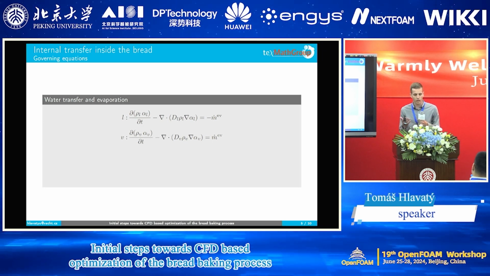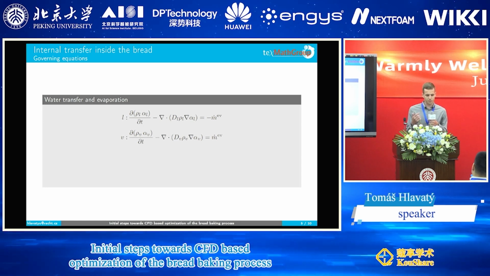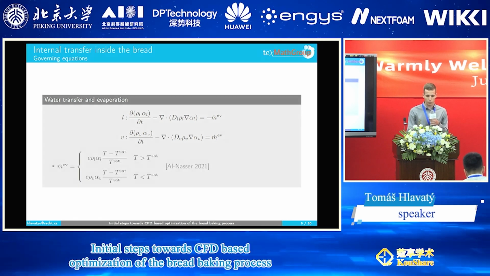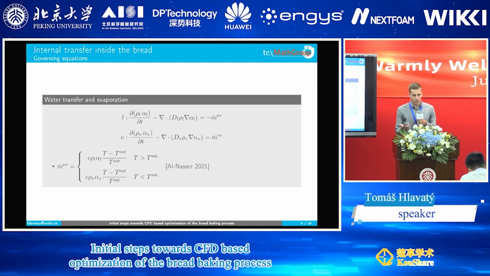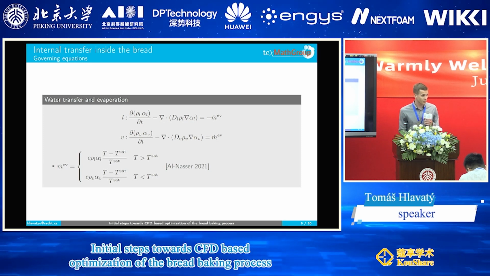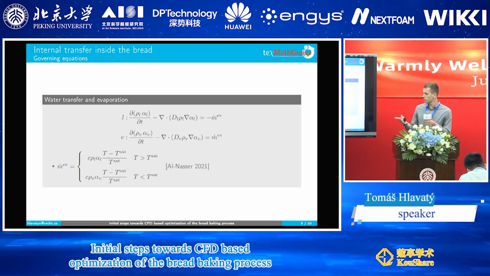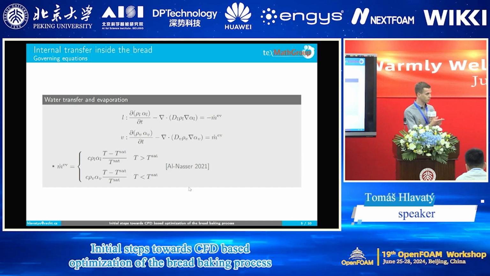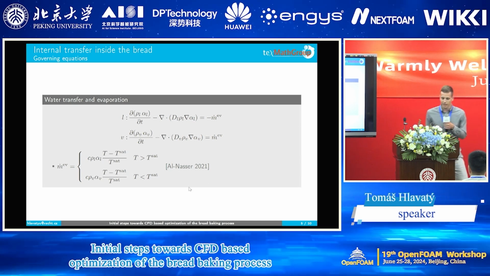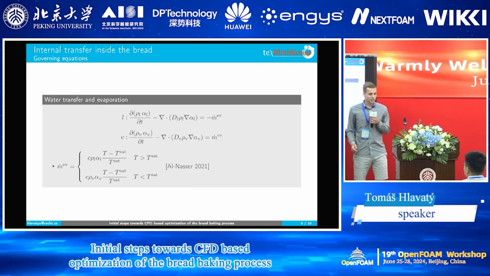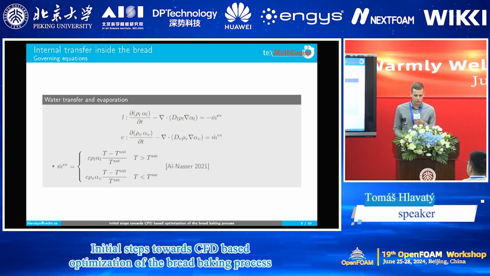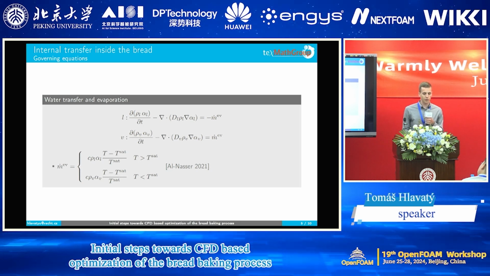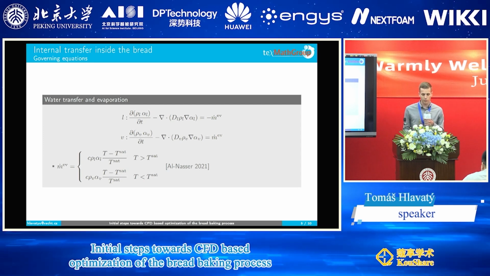So we are only solving for a mass balance of the water liquid and water vapors. Again, here is the evaporation rate that is defined like this, where C is a constant taken from this work of Al-Nasser, and T_sat is the saturated temperature at local vapor pressure.